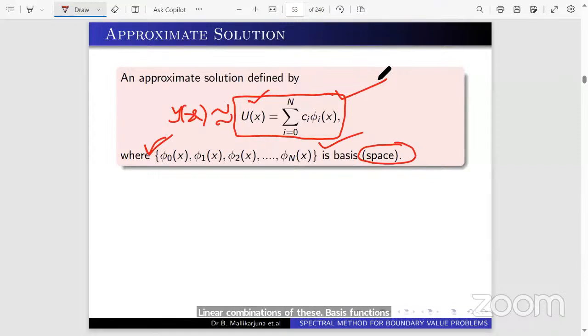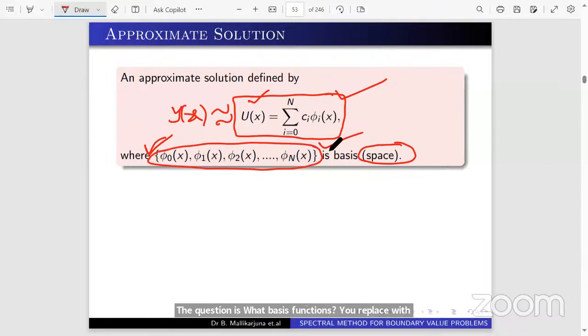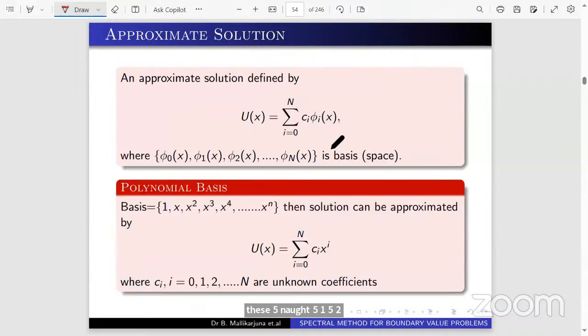So any solution of the differential equation, first we are expressing as a linear combination of the basis functions. The question is, what basis functions do you replace these phi naught, phi 1, phi 2, and so on, phi n with? What are all the available basis functions?